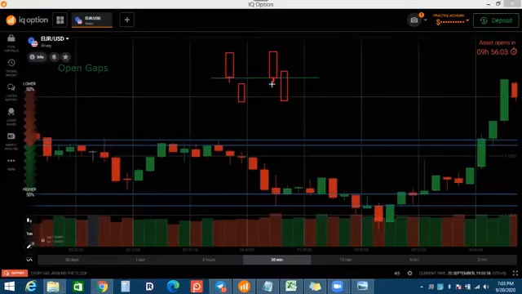Buyers will not enter in this market. This is a rule. If sellers want to break the level, they can break. If you see here, this is a support, and there is no gap between the opening and closing price. The market will move up.